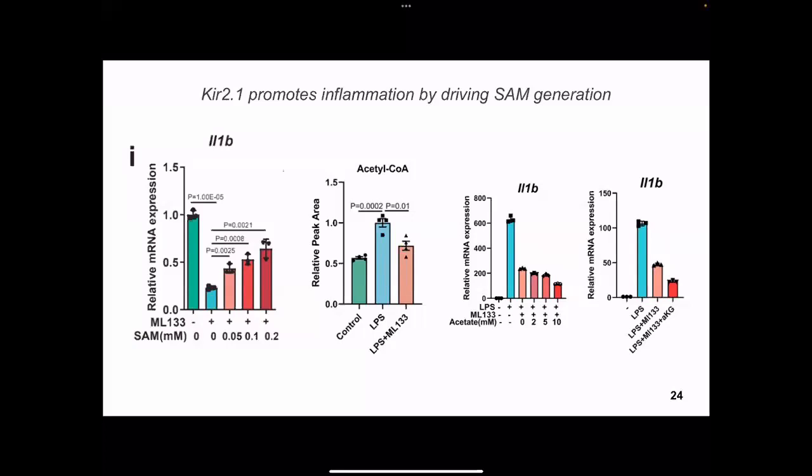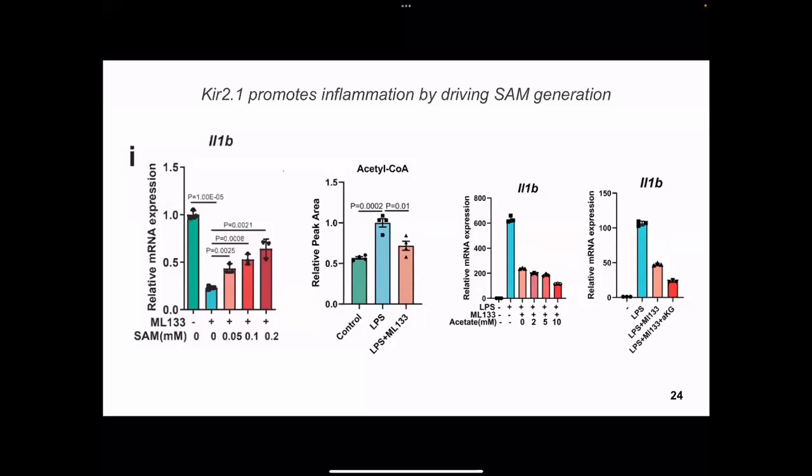subsequent caloric restriction also led us to quantify acetyl-CoA, because acetyl-CoA is also important. It can enable carbons derived from diverse nutrients to be utilized in the TCA cycle for oxidative phosphorylation, and it can also serve as a metabolic substrate for epigenetic regulation. Indeed, we found LPS-induced acetyl-CoA was significantly decreased by ML133.